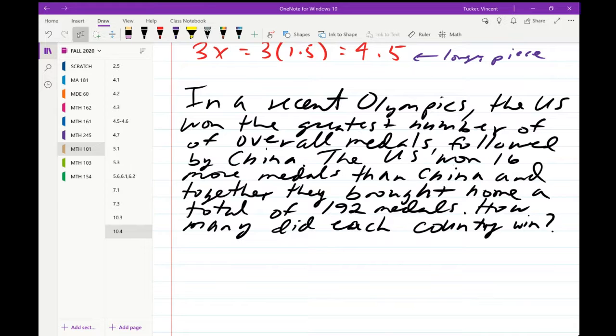The U.S. won 16 more medals than China, and together they brought home a total of 192 medals. How many did each country win?